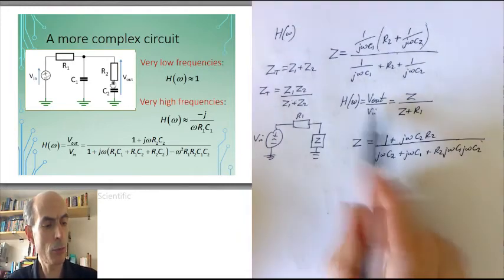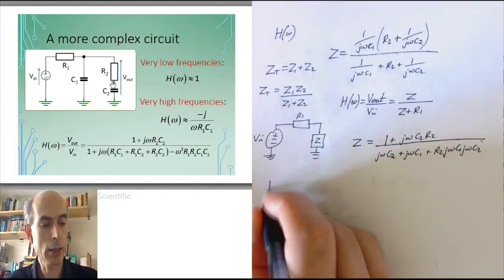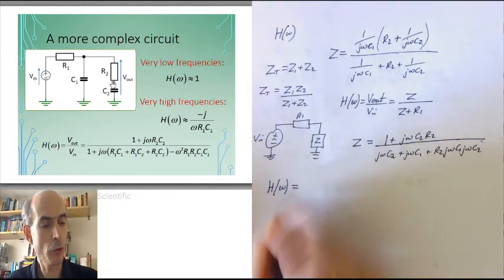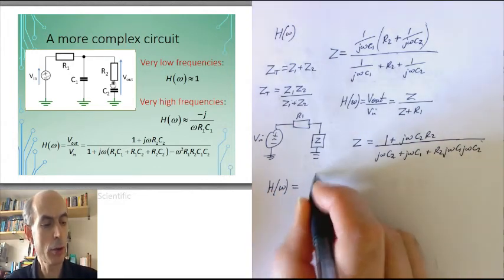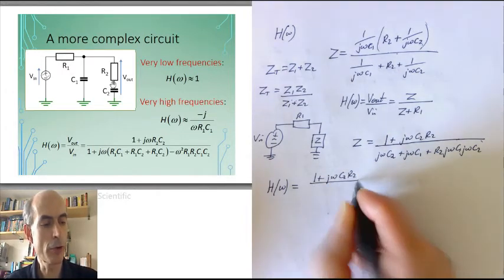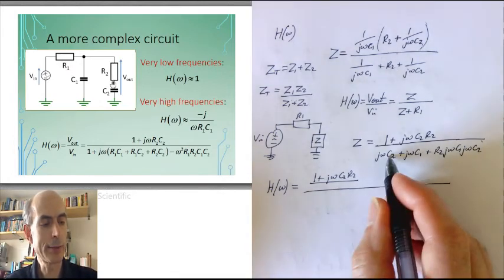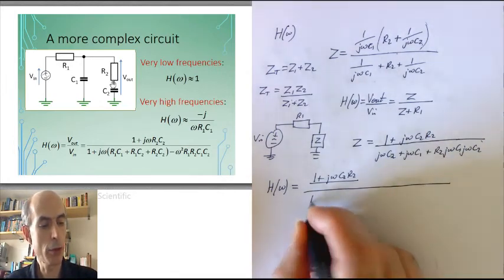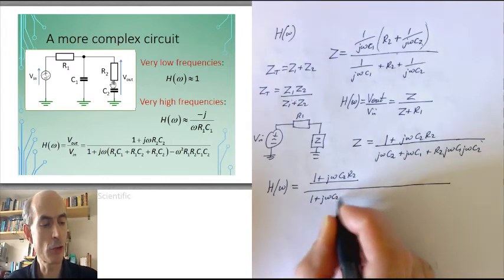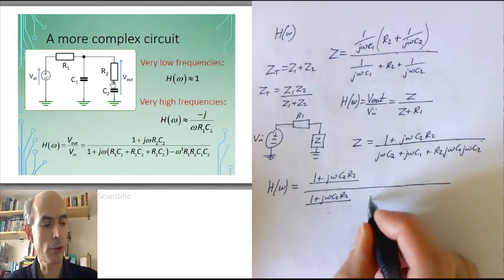And if I now put this expression for Z into this formula here, I'll get the frequency response as 1 plus j omega C2 R2 over this lot, over 1 plus j omega C2 R2 over this lot plus R1.